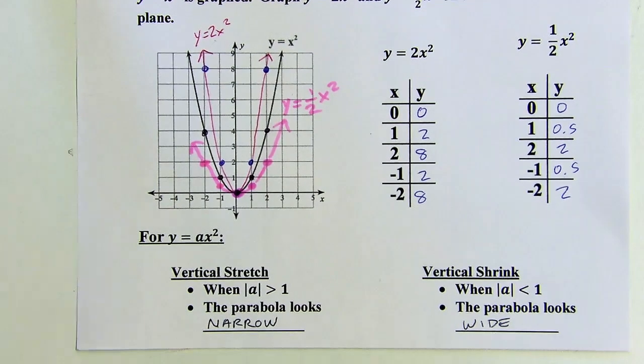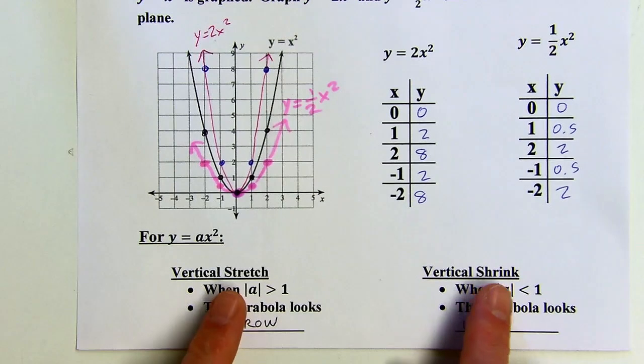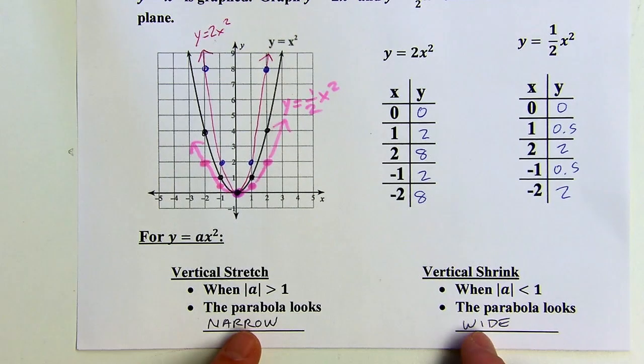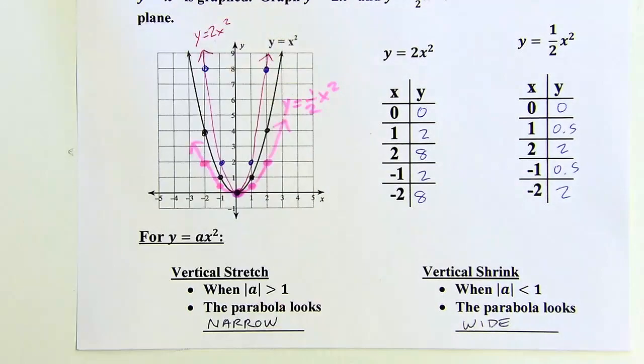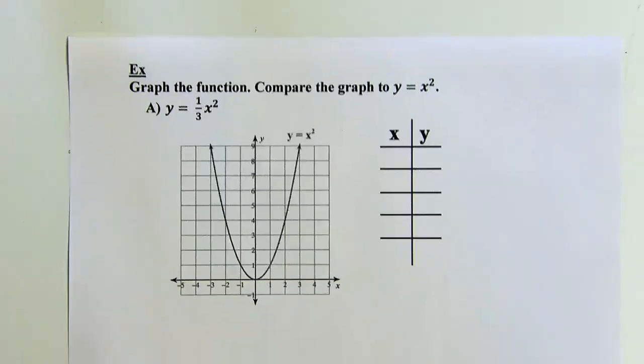Okay, so there's two types of transformations that we have looked at now. We've looked at these vertical stretches and shrinks, which would make the parabola look wider or narrower. And then we've also looked at reflections, reflecting over the x-axis, which would make a parabola open downwards if you've got a negative coefficient. Okay, so let's try some on the next page here.